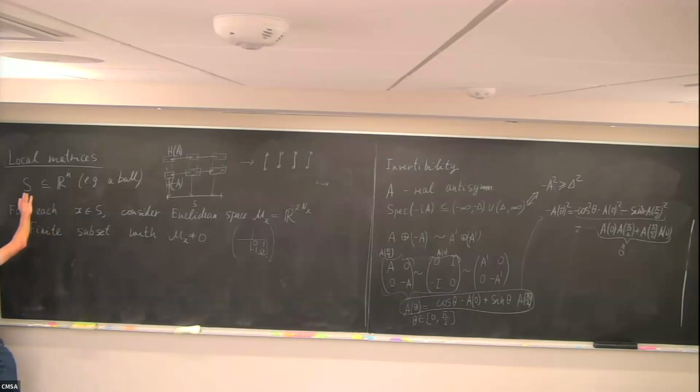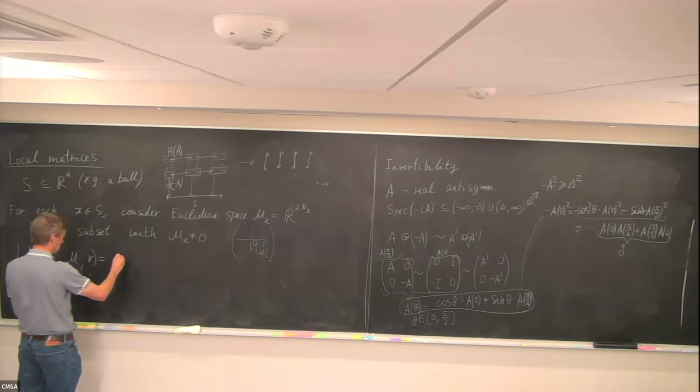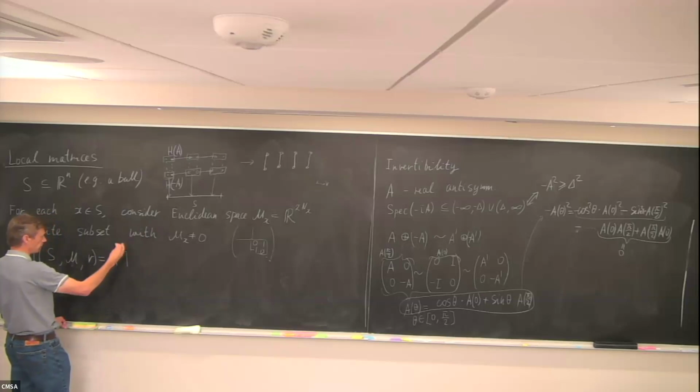So we have a subset of X, and we define matrices as local matrices on S. M, the collection of those spaces, and there will be a parameter R, and this is the direct product, or direct sum. It doesn't matter because everything is finite.